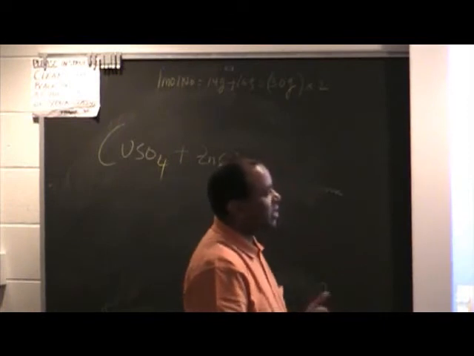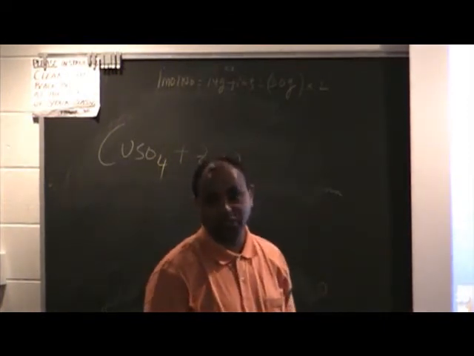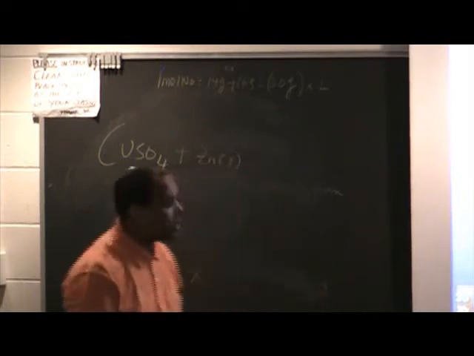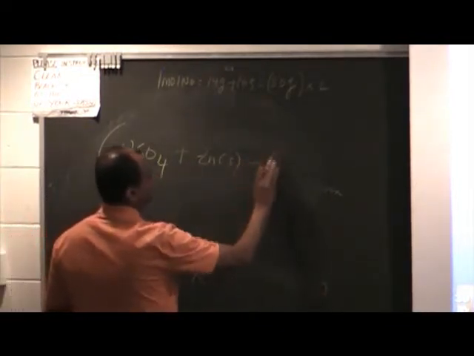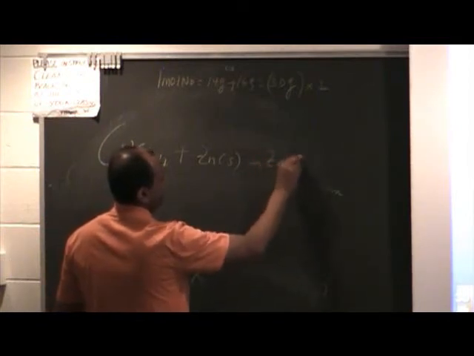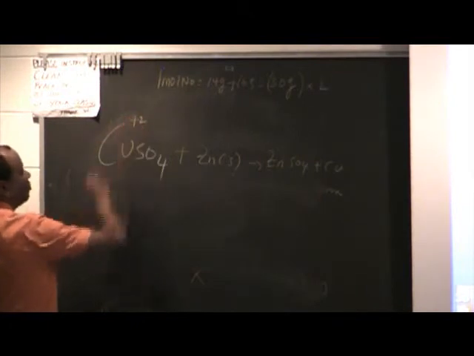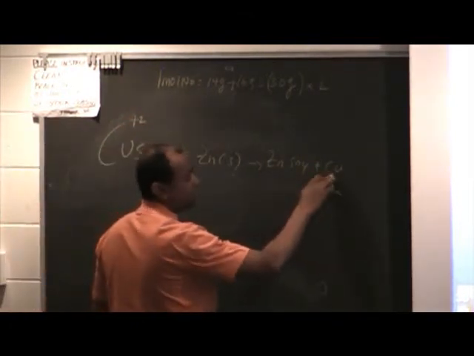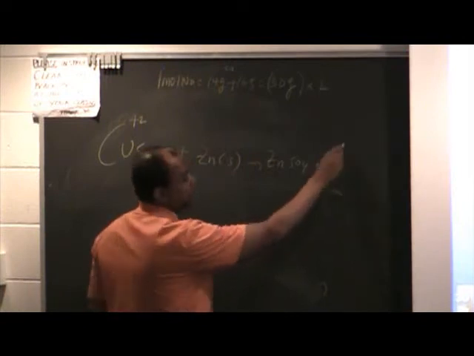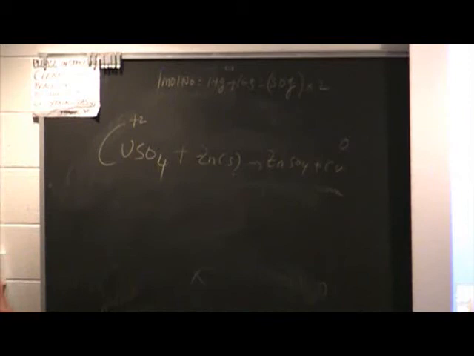Then there is an oxidation and reduction reaction. There is a redox reaction. What's happening is that copper has a charge of +2 here, and copper is going to be replaced by zinc. It's going to be 0. So the oxidation number of copper is going to be 0.